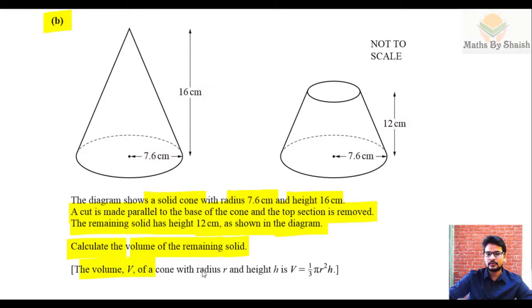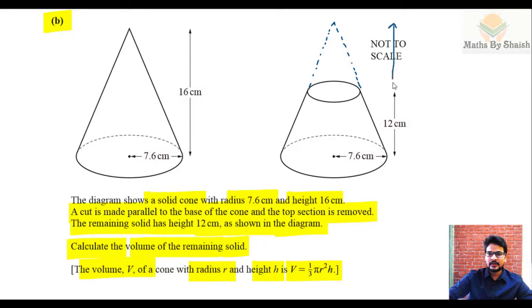They have provided the volume of the cone with radius r and height h as 1 by 3 pi r square h. So here, the volume of the remaining solid. Before that, we can see we got another cone, part of the previous cone itself, so it means they are similar, and the total length was 16.